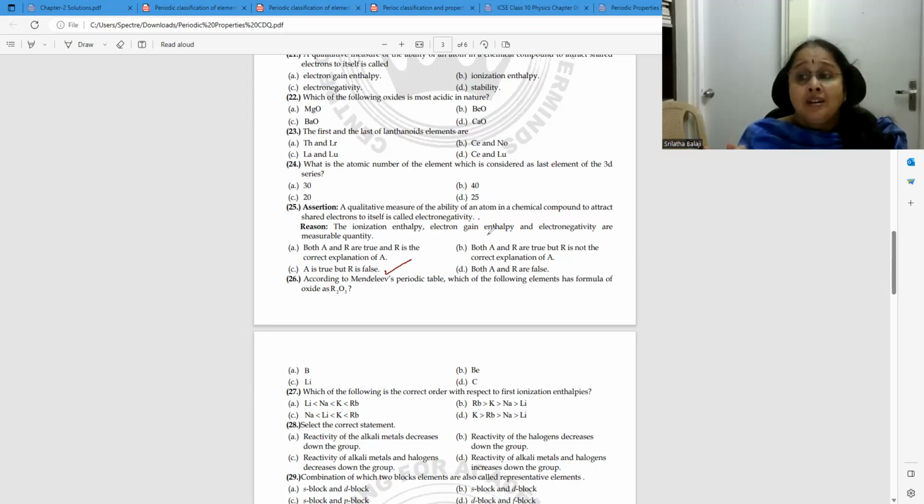Electronegativity is what? It's based on a relative scale. Are you getting it? It's not actually measured. The electron is not actually added here. Are you able to get the difference? So, statement 1 is true, but statement 2 is false, mainly with respect to electronegativity. Got it? Is that clear, students?